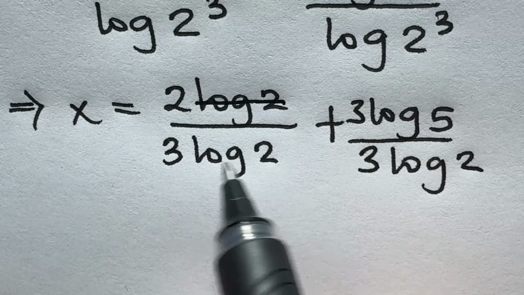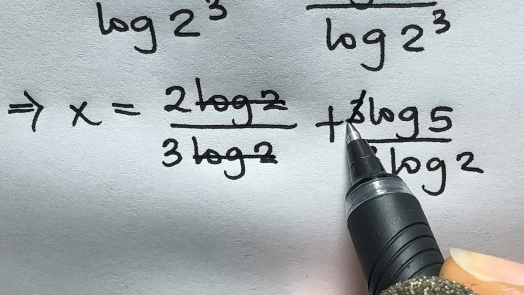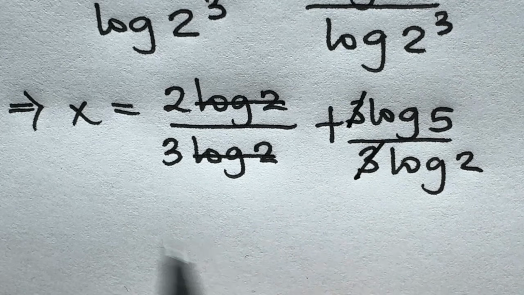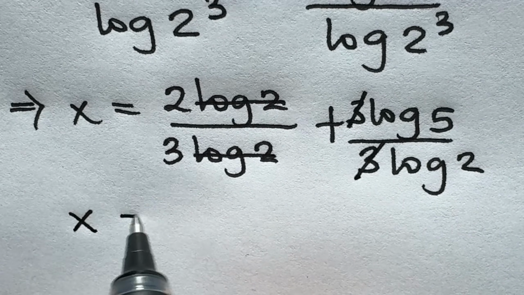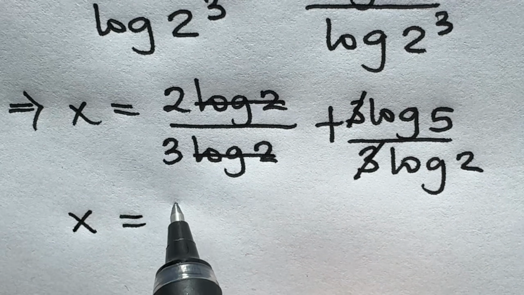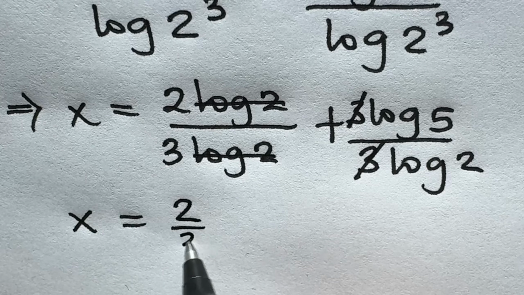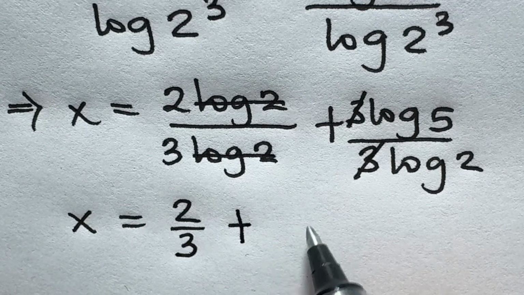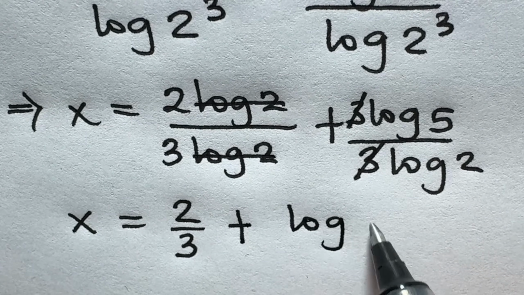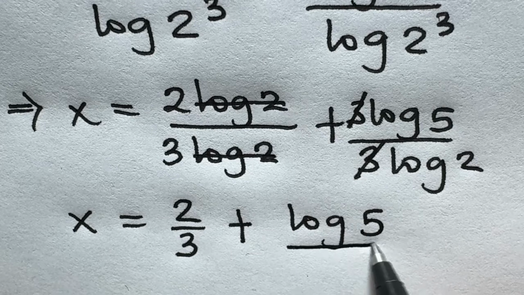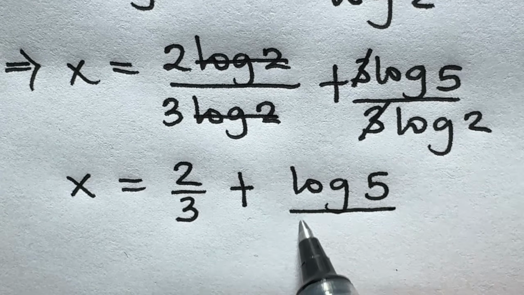Log 2 cancels log 2. 3 here is 1, 3 here is 1. So x is equal to, what is left here is 2 over 3, then plus log 5 divided by log 2.